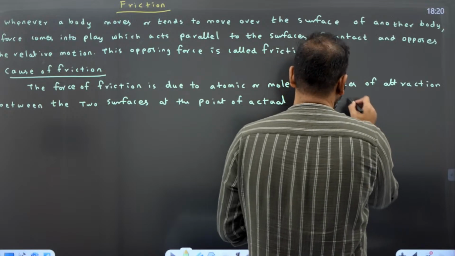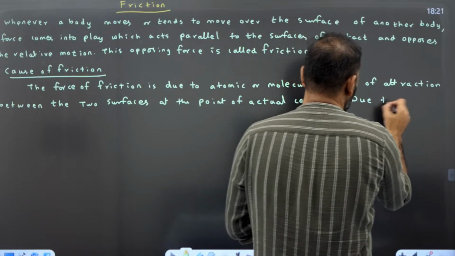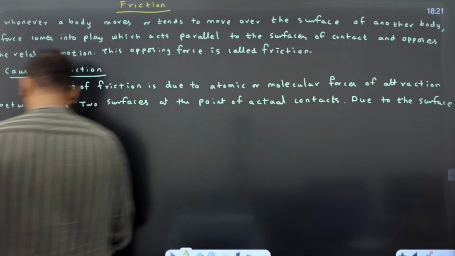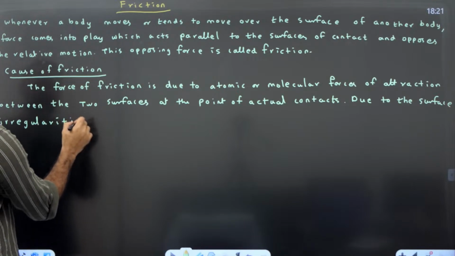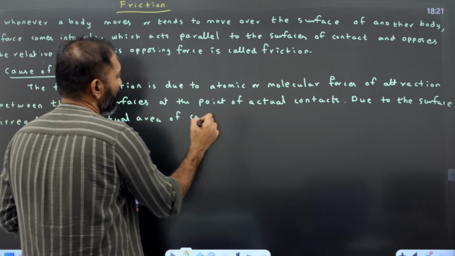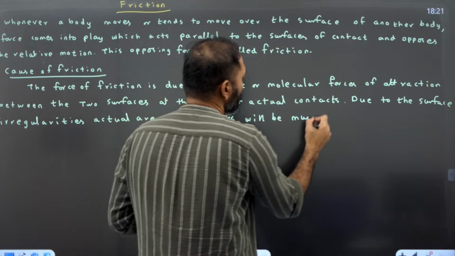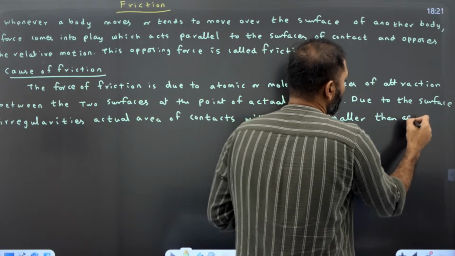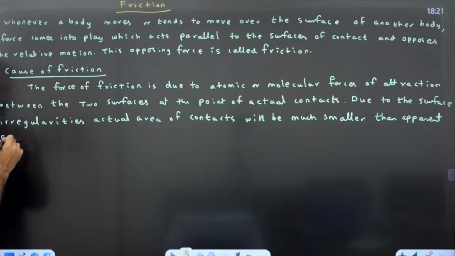Now, due to the surface irregularities, actual area of contact will be much smaller than apparent area of contact.